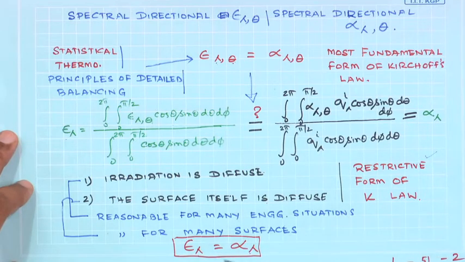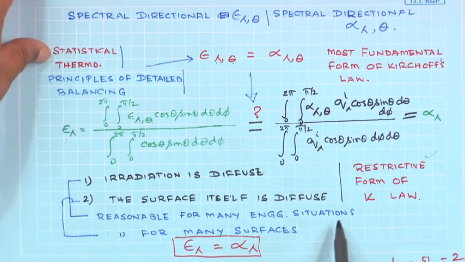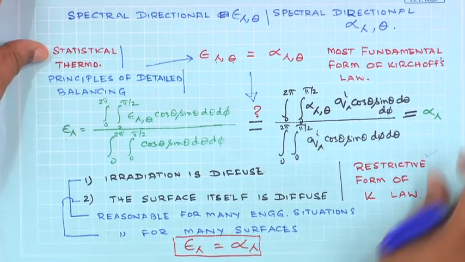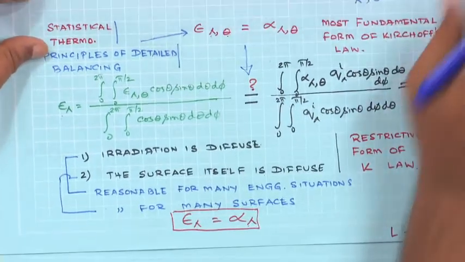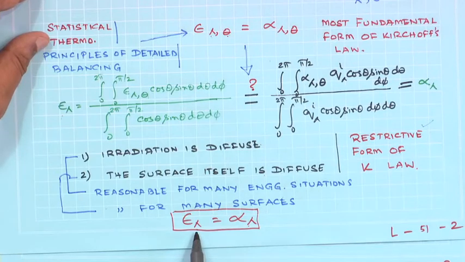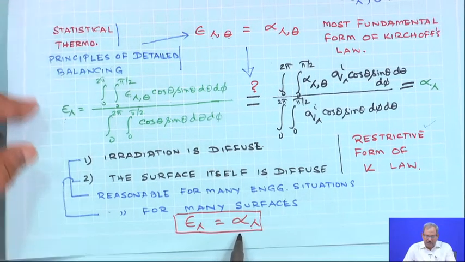Now, the irradiation is diffuse for many surfaces, whereas the surface being diffuse is reasonable for many engineering situations. So, it is not unusual to take this slightly restricted form of Kirchhoff's law, that epsilon lambda is equal to alpha lambda.